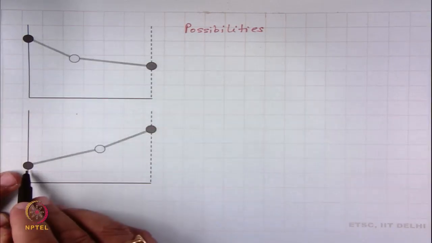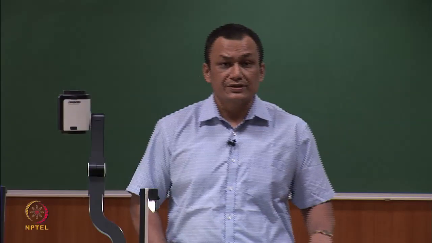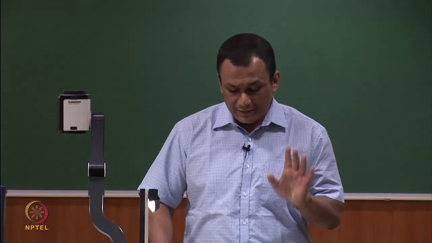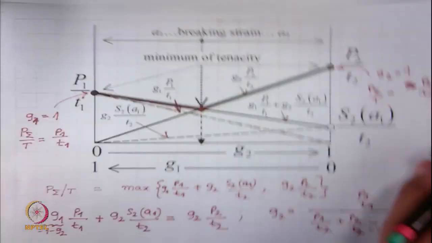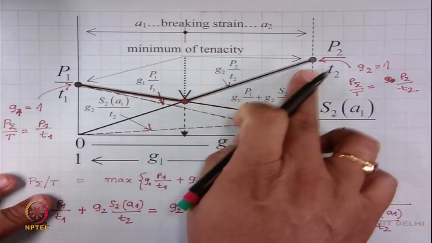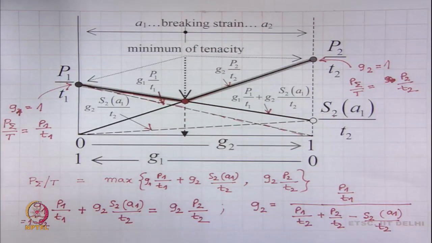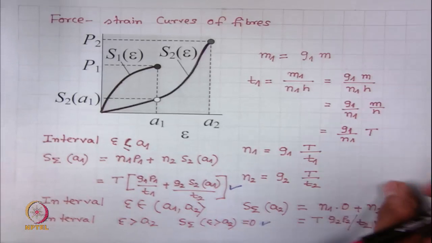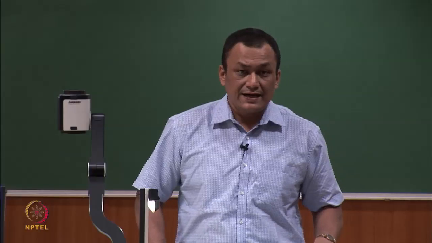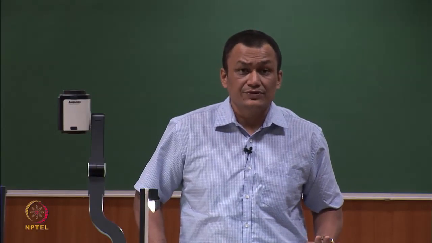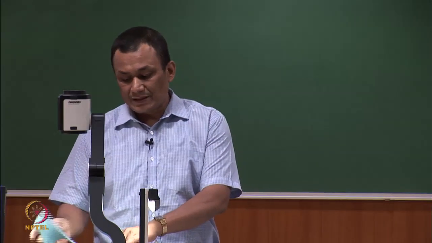In this case, lowest here, highest here, continuously increasing. They are not our concern. Problem is only when initially it decreases, then it increases. This is possible only when the stress strain diagram of the fibers is something like this. So, what we learn is that the stress strain curves of the fibers ultimately decide the tensile behavior of the bundle.